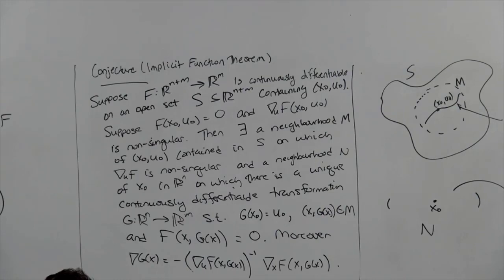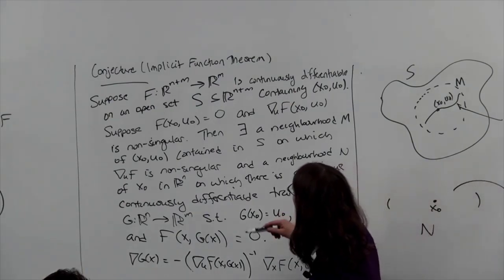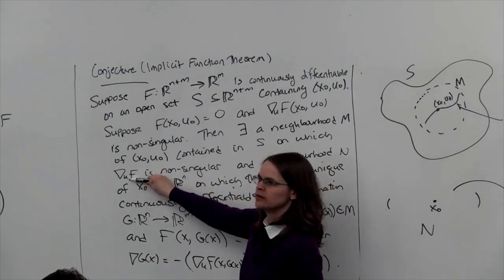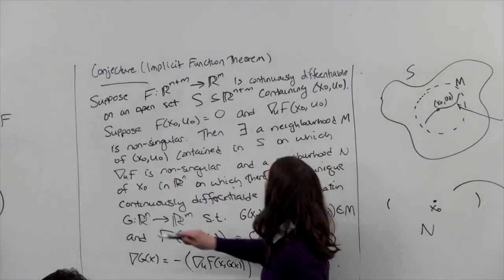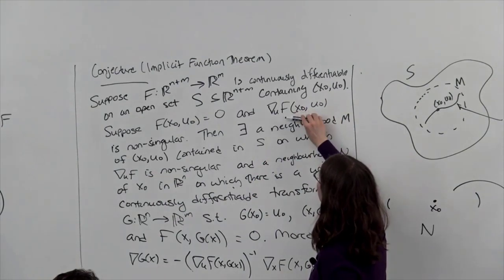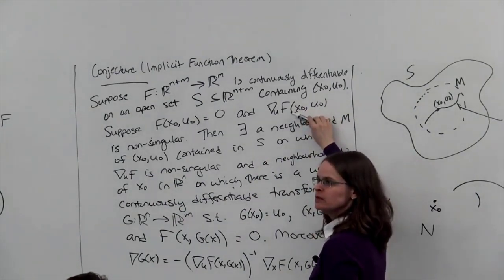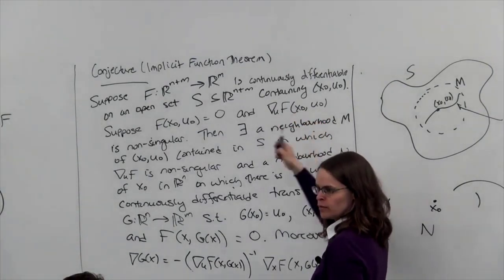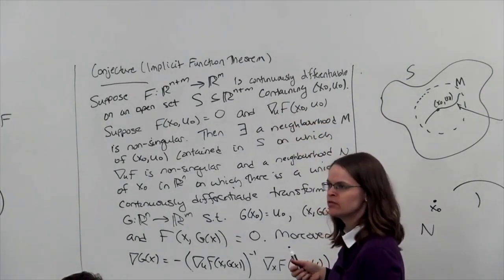Can you repeat the thing that you said about the singularity, that we cannot go from... Where is that here? Then there's a neighborhood on which this u-Jacobian is non-singular. So the idea is that f, we said, is continuously differentiable. So this Jacobian is a continuous matrix. All its components are continuous.